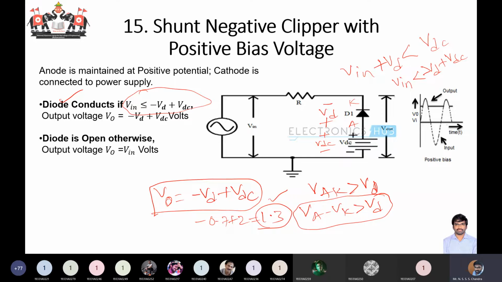If the diode is in off condition, then this portion is open, and your circuit becomes simply this. This is V0. Okay, so your V0 will now be equal to your supply voltage Vin when the diode is in open condition.